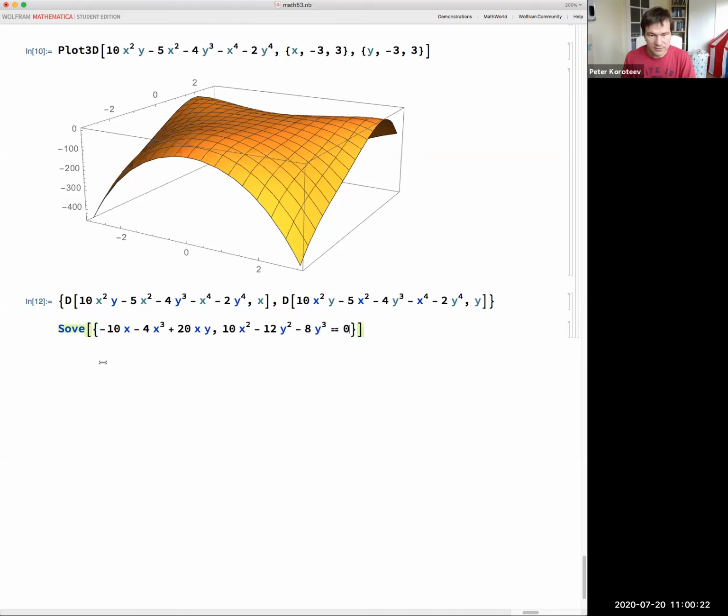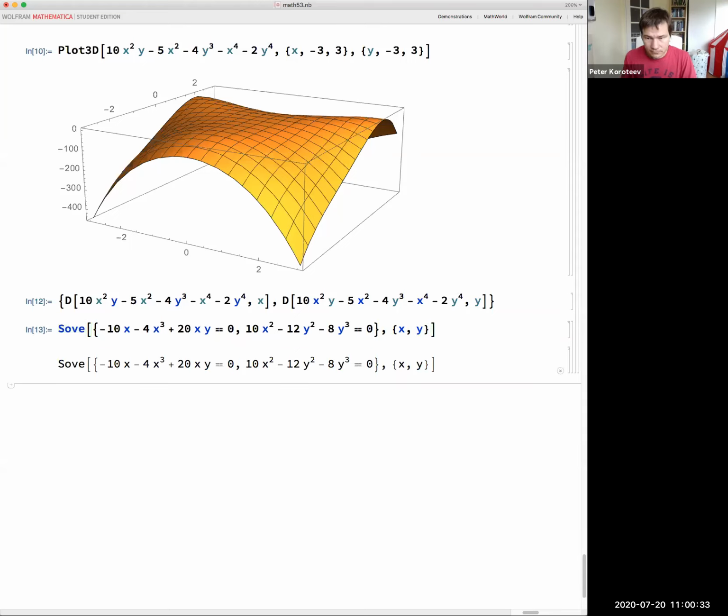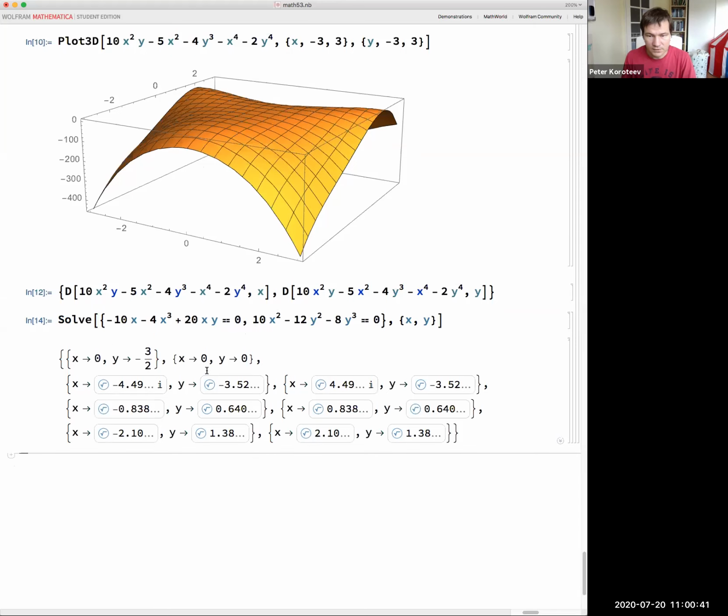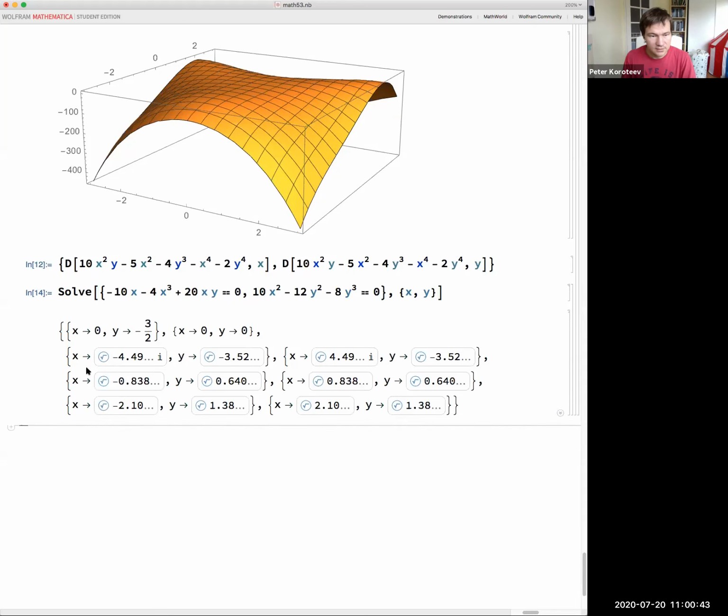When they equal 0 at the same time, there are a bunch of solutions here, right?